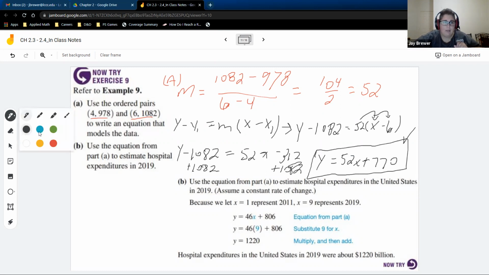Then for B, we're just going to throw in 2019. If you look at part B here, x equals 1 is 2009. So then x equals 9 represents 2019, and that's what we're looking for. So we're going to use a 9.